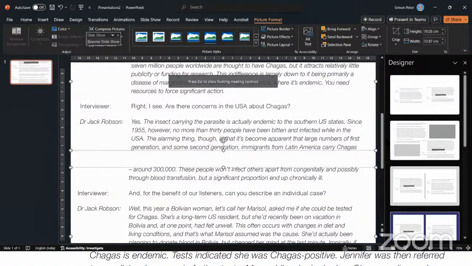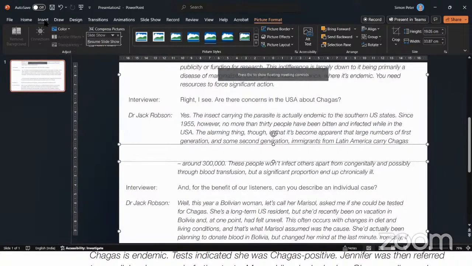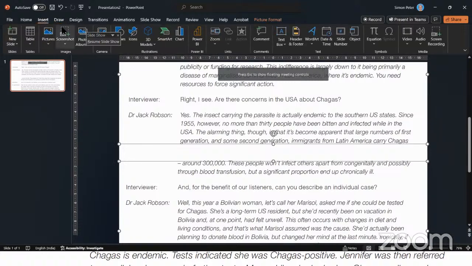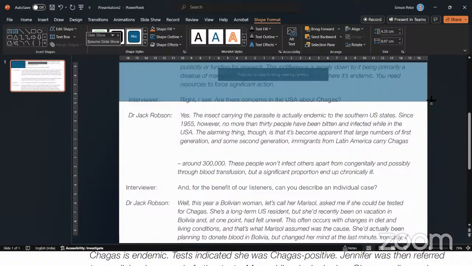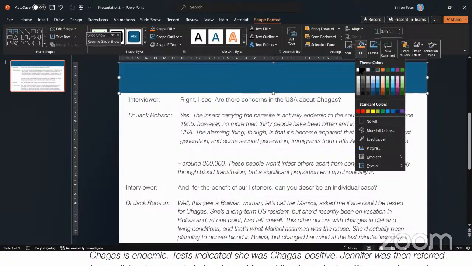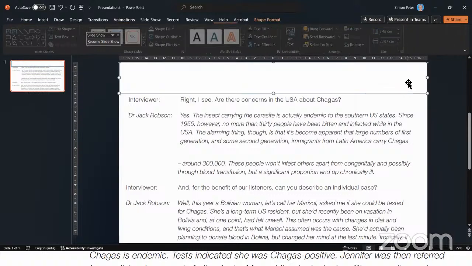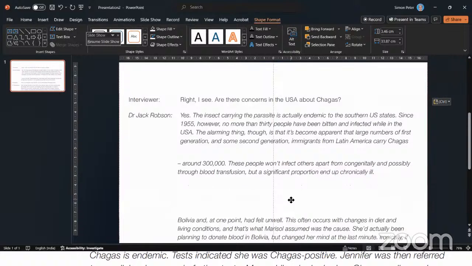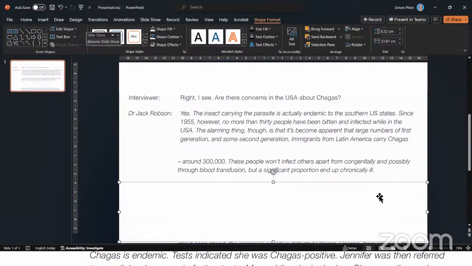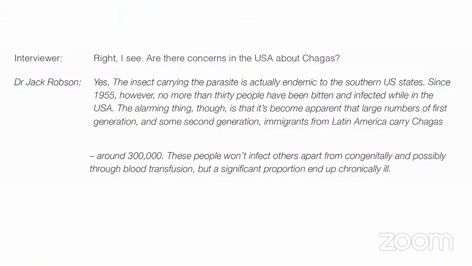Now you can see this. So that is a continuation in the next page.